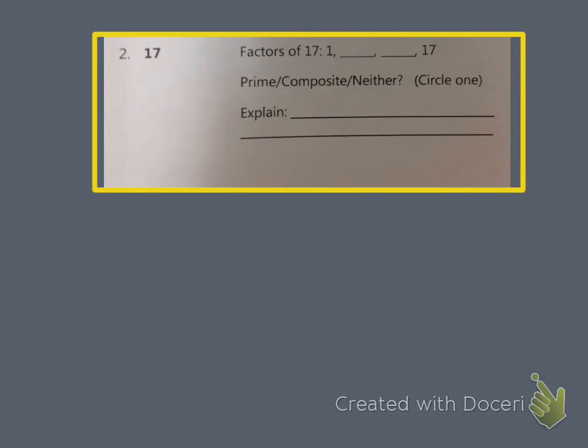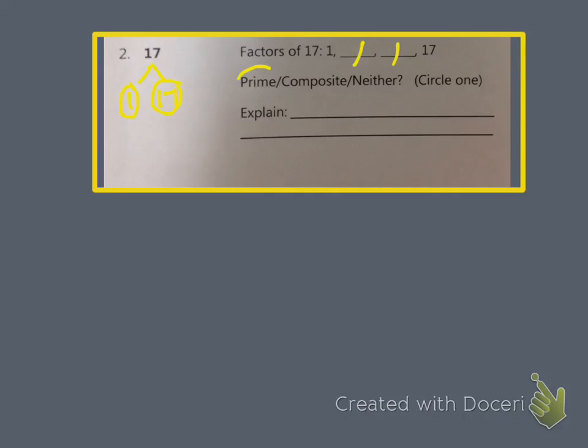Let's try 17. We know that factors automatically for 17 are 1 and 17. Is there something else that will divide into 17 evenly? Our answer is no. So that means the only factors of 17 are 1 and 17. That's the end of our factor tree. So is it prime, composite, or neither?